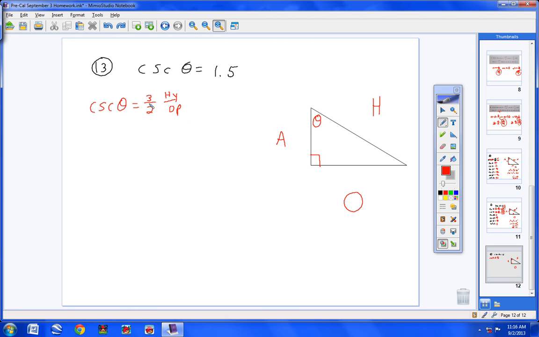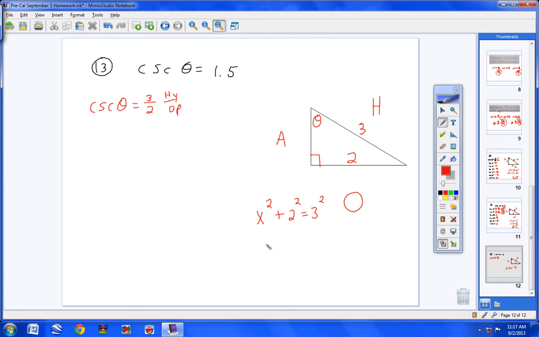So my hypotenuse is 3, my opposite side is 2, and now we're missing a leg. Remember, any side in a right triangle that's not the hypotenuse is a leg. So this is a leg, and this is a leg. I'm missing one of the legs of my right triangle, so I'm going to call it x. One leg is x, x squared. The other leg is 2, 2 squared, equals the hypotenuse squared, 3 squared.